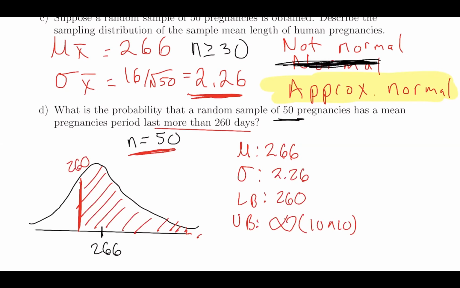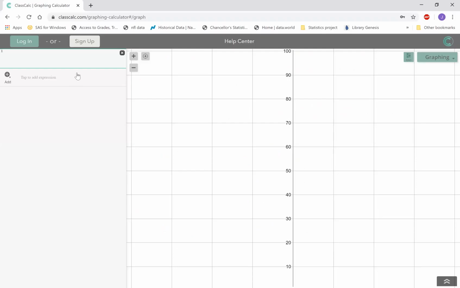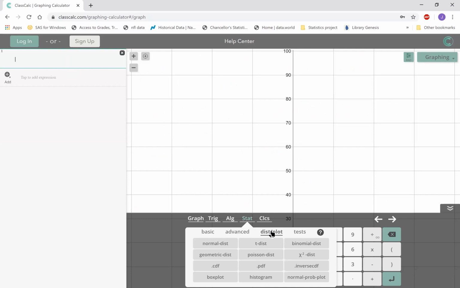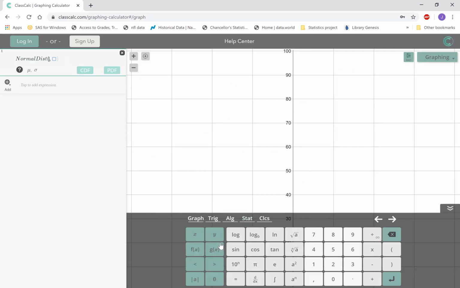Yes. All right, good. So I'm gonna go over to ClassCalc and we're gonna find this probability. Let me pop that up. We'll say stats, distribution, normal distribution, mean is equal to 266, standard deviation is equal to 2.26.